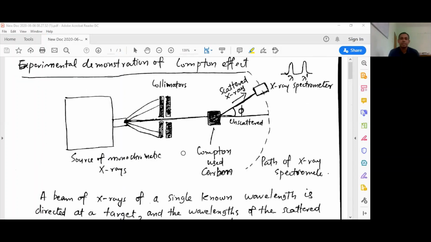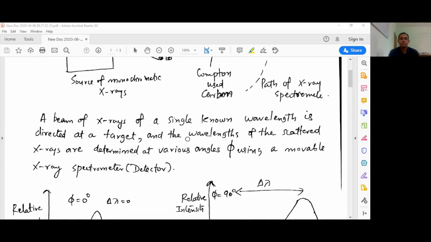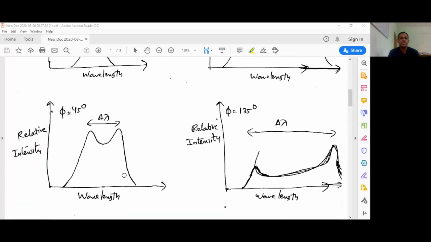Then we vary phi to 45, or we observe the scattered radiation at an angle of 45 degrees. The observation is like this. What we have taken here is the relative intensity, and here the wavelength.